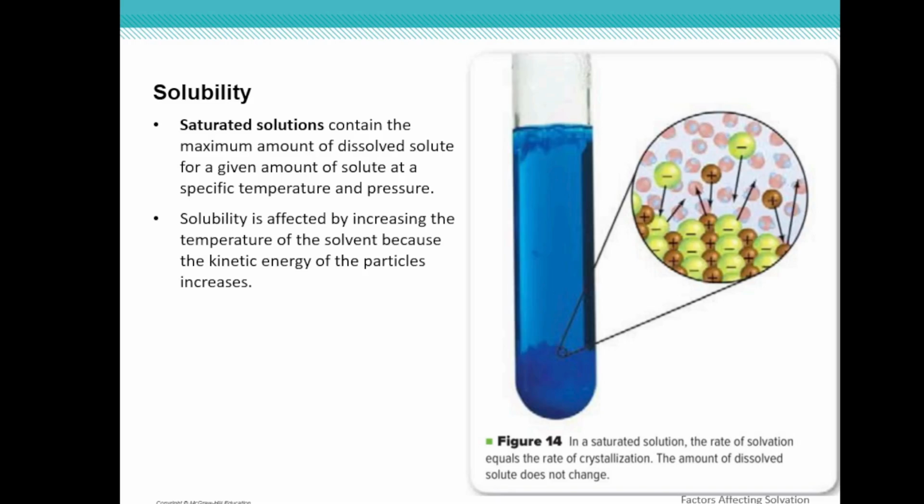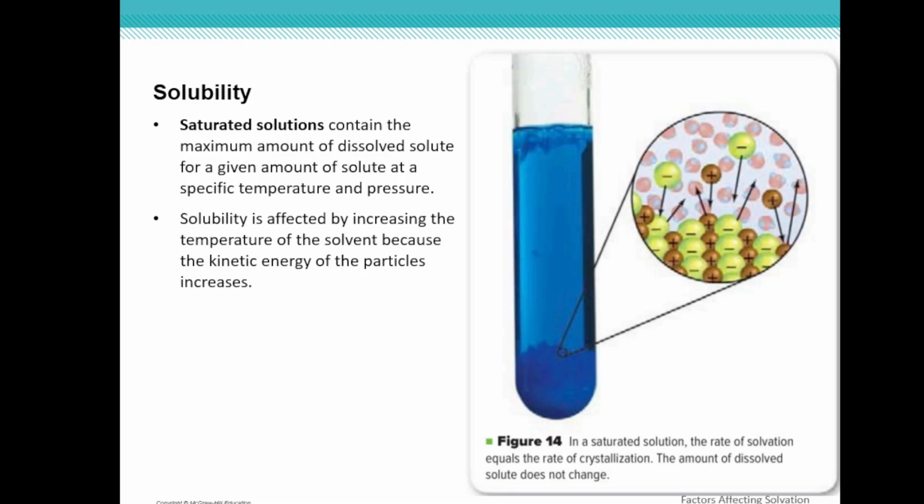This diagram here is a picture and a model. On the right, we have some type of salt, probably a copper sulfate salt, and the solution is saturated. If you look closely, you can see that it has some salt at the bottom, suggesting that as much of what was going to dissolve has dissolved.